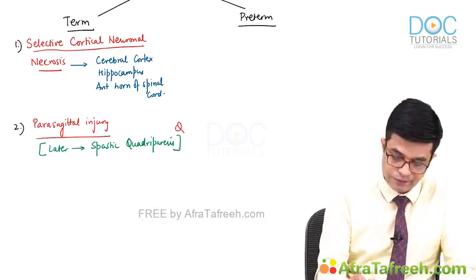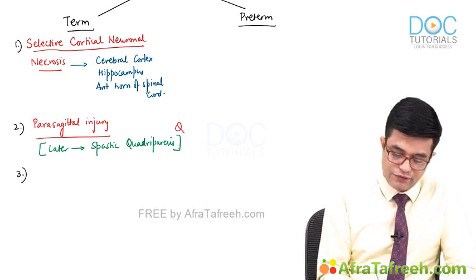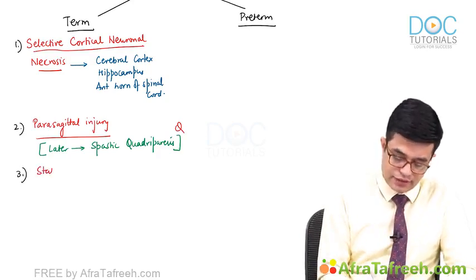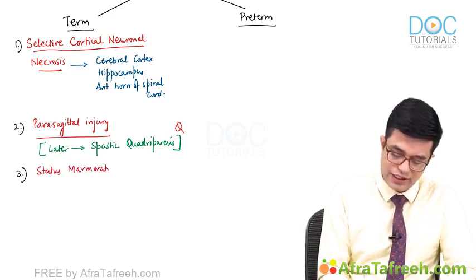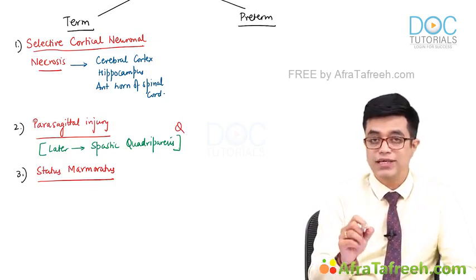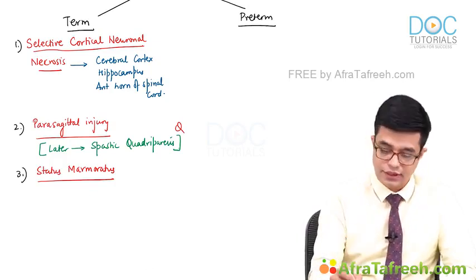The third lesion we find in the brain is called status marmoratus. Status marmoratus is actually a clinical state which correlates with injury involving the basal ganglia and thalamus.